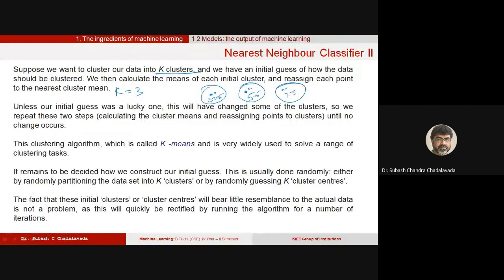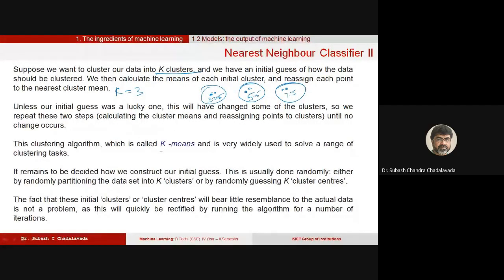Now every time you calculate the mean value of the feature, you reassign the centroid, which is the mean value, right? So once you are done with the entire classification, if you move an instance from here to here, here to here also, and the centroid doesn't change, that means you are done with your classification or cluster.